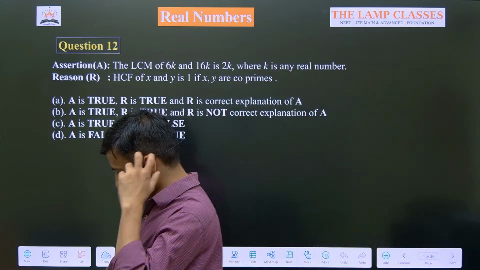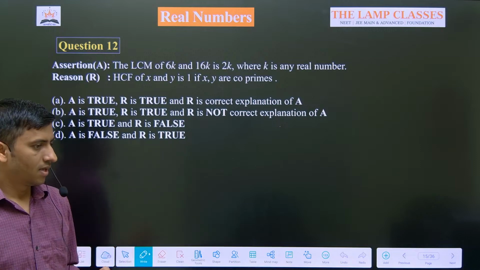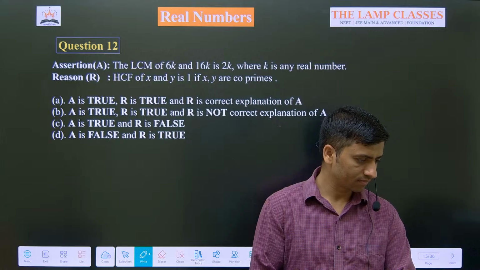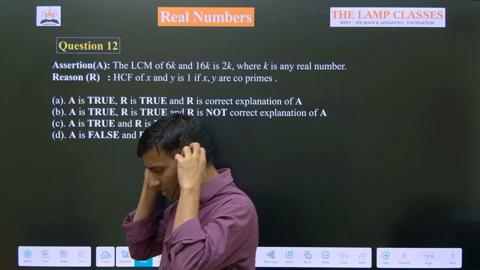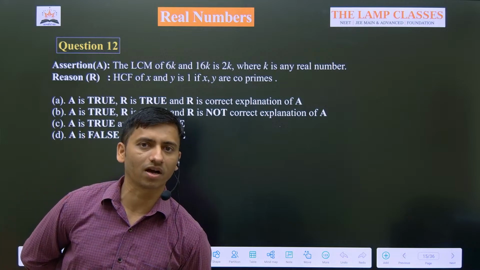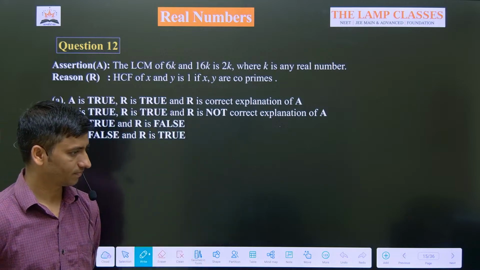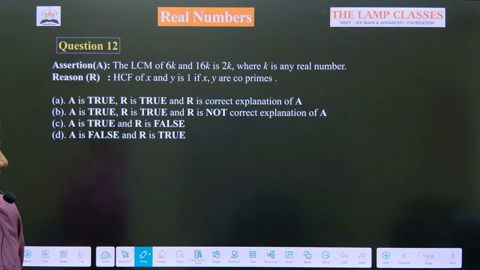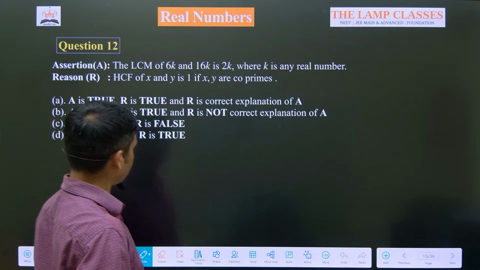Yeah, another assertion reason. Yeah, if the reason was LCM into HCF is equal to the product of the numbers, then we should have marked option A. You're right. Yeah, now read this question and answer.